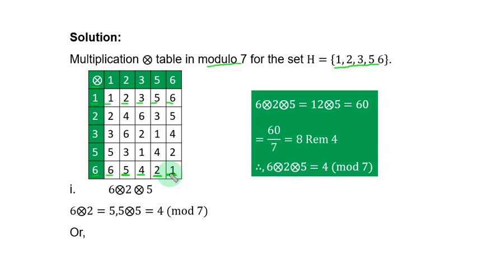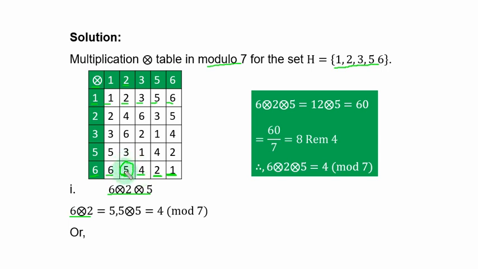So the same operation is needed to complete the other part. So 1, we are asked to use the table to look for 6 times 2 times 5. So let's take the first two numbers. That is 6 times 2. 6 is row and 2 is column. Their point of intersection is 5.